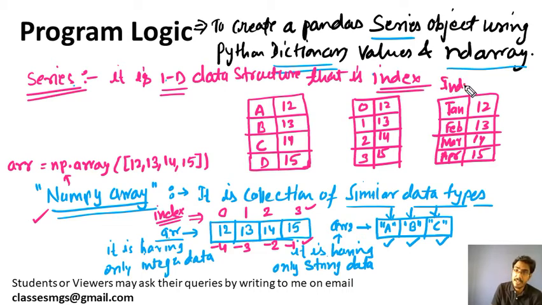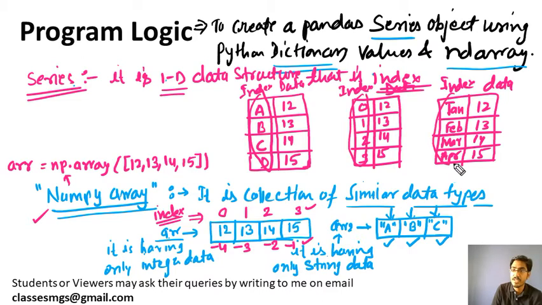So this would be the index and this will be the data value. There will be two parts: this is the index and this is the data. You notice that here the index can be anything, integer, string, character, but in a numpy array the index can only be an integer. This is basically the difference between the NumPy array and the series object.